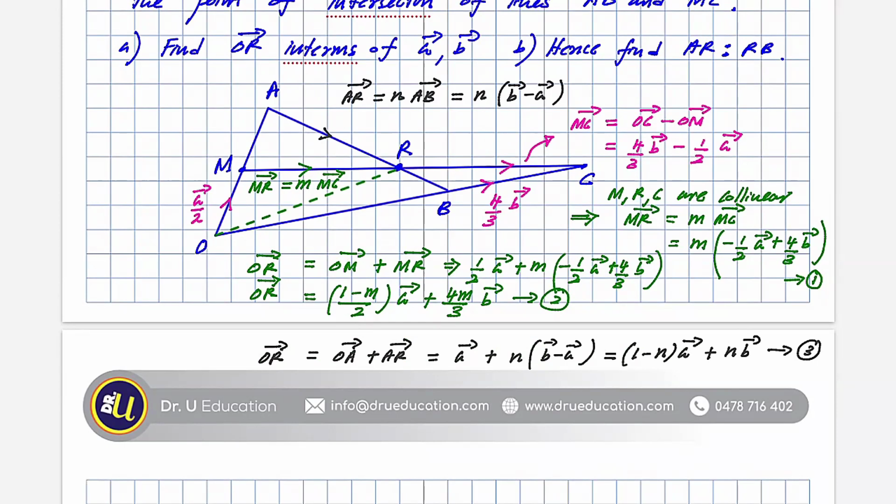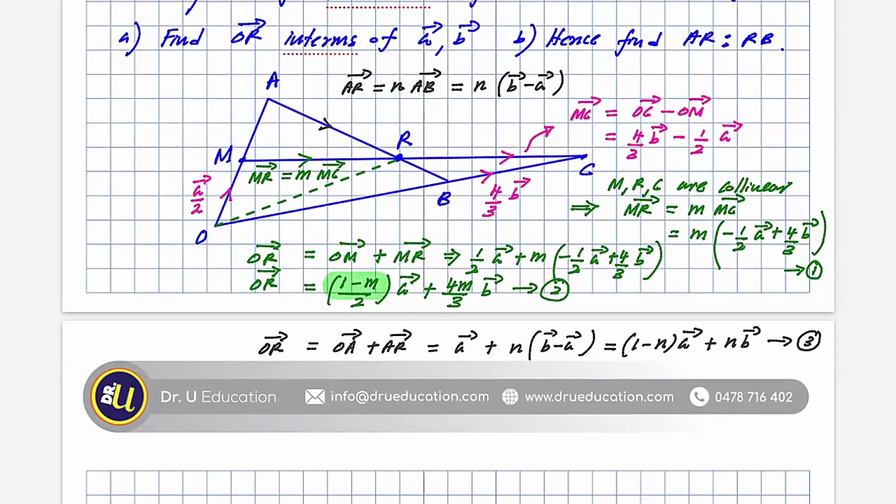Okay. Now what we have here is this term with this term, they are equal to each other because we talk about the same OR, and A and B are independent. And then this term is equal to this term.